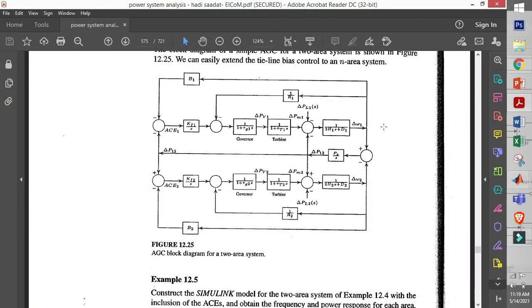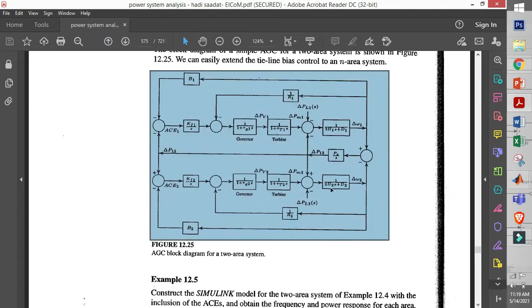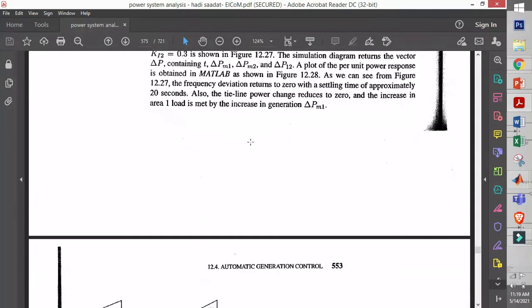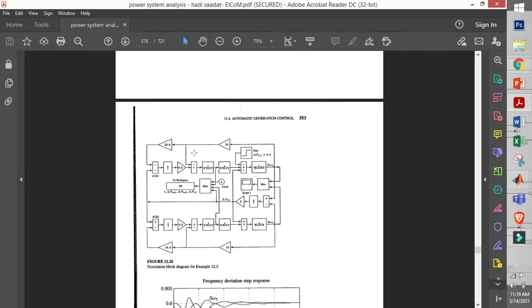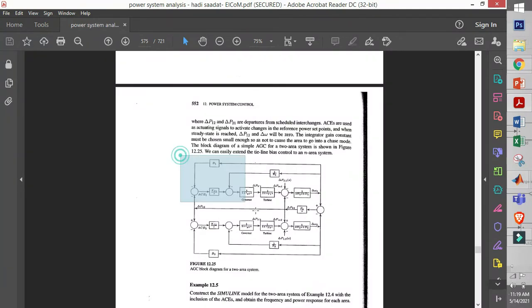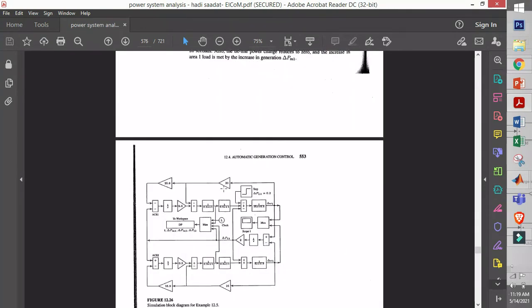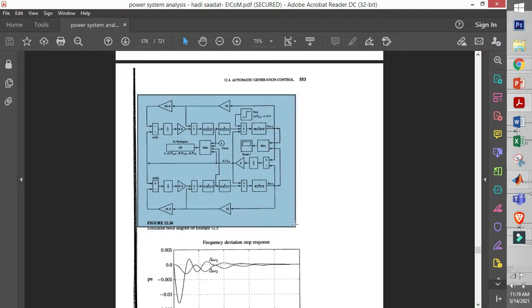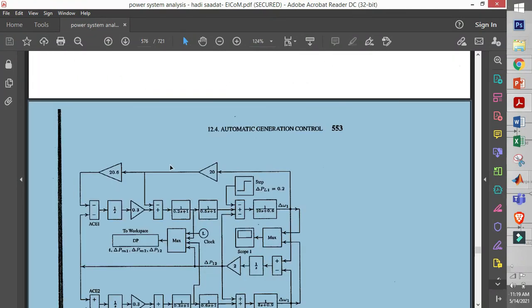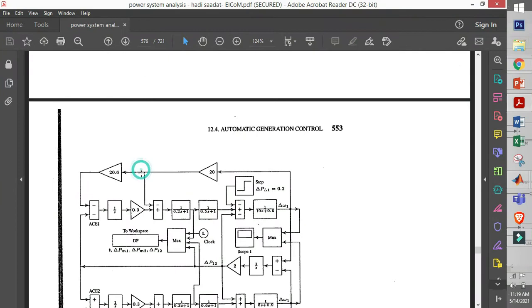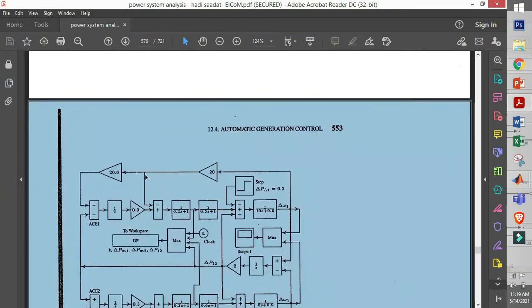So friends, I would like to tell you that there is a problem here. This is the correct model they have drawn in the book, but when they implemented this model in MATLAB, they made a mistake. They should not connect this 20.6 gain.